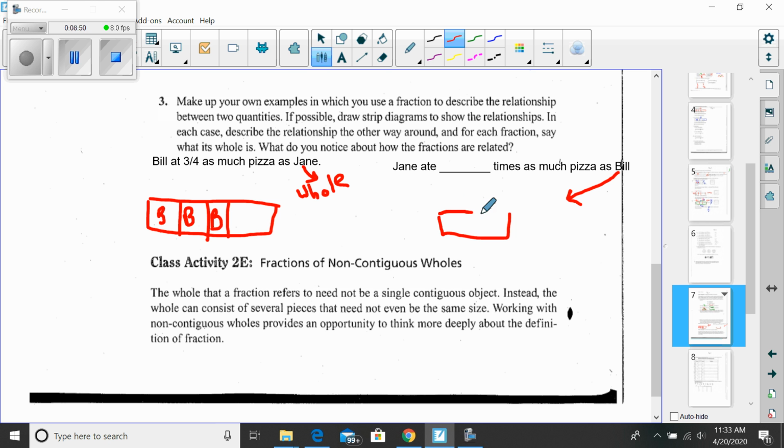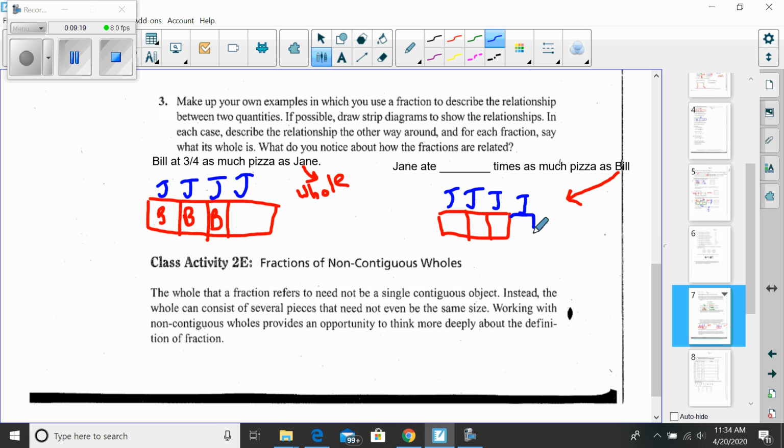So this is my whole. And Jane ate 4 pieces when Bill ate 3. So there's Jane. Jane eats 4 pieces when Bill eats 3.